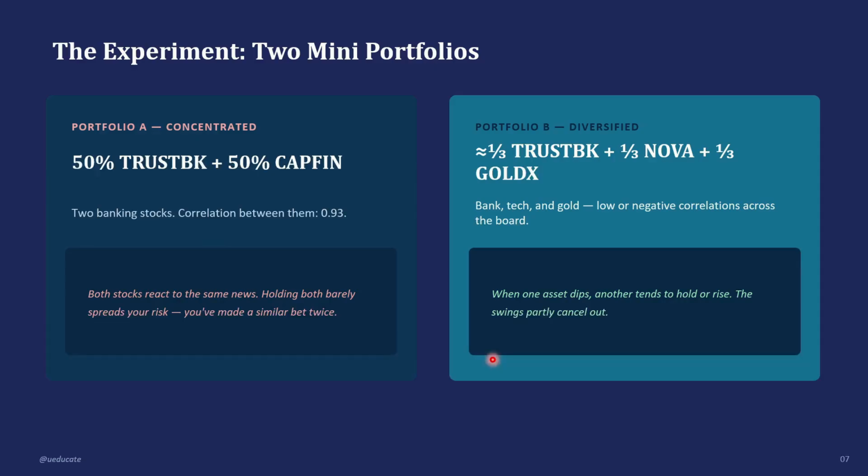Then we made two portfolios: one between the two similar stocks, and the other diversified, with one bank stock, one growth tech stock, and one gold stock. The two banking stocks have a correlation of 0.93. Both relate to the same news, so holding both barely spreads your risk. You've made a similar bet twice. In the diversified one there is low negative correlation across the board: one asset dips, the other tends to hold or rise, and the swings partly cancel out.